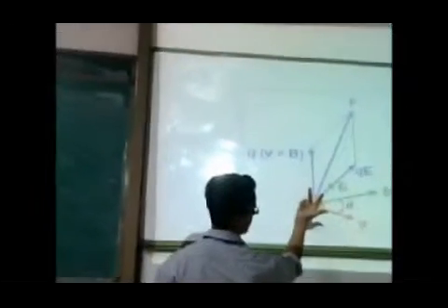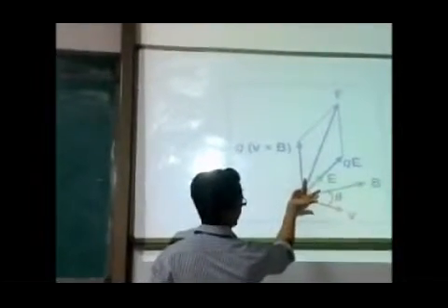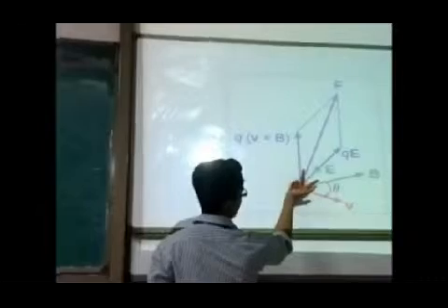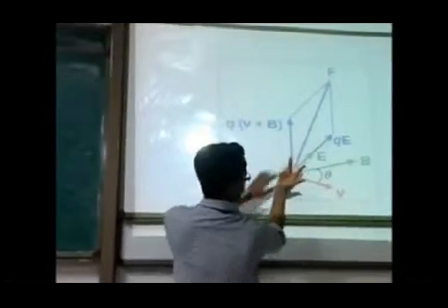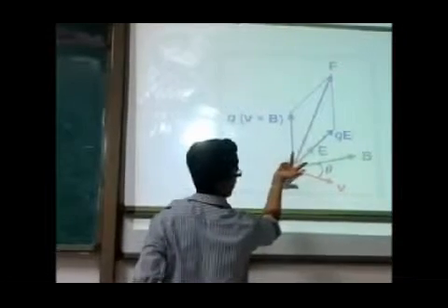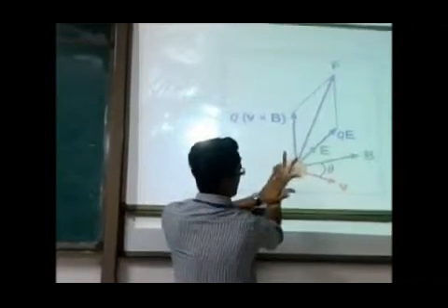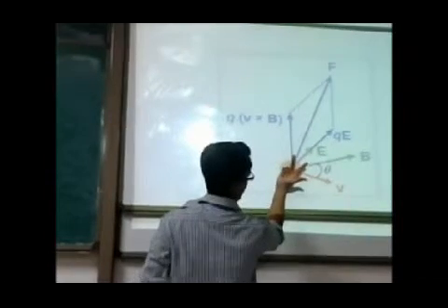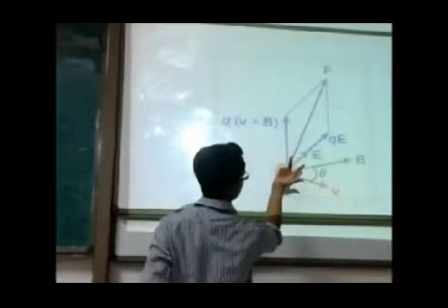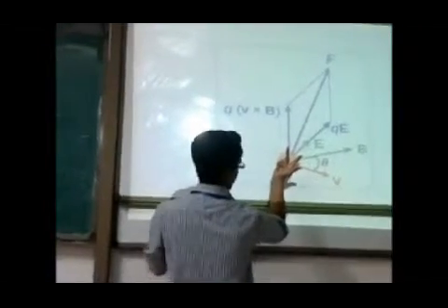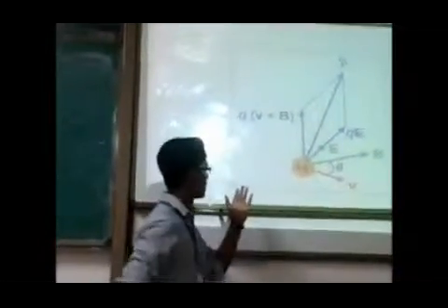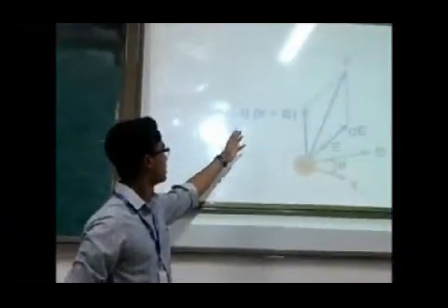We hold the thumb in the direction of velocity, this finger will point in the direction of the magnetic field, and then the middle finger will give the direction of the Lorentz force. So we can find the Lorentz force, which is given by Q into v cross B.